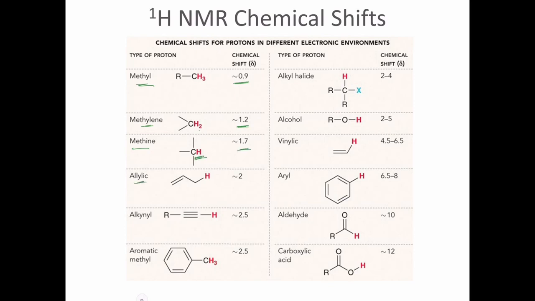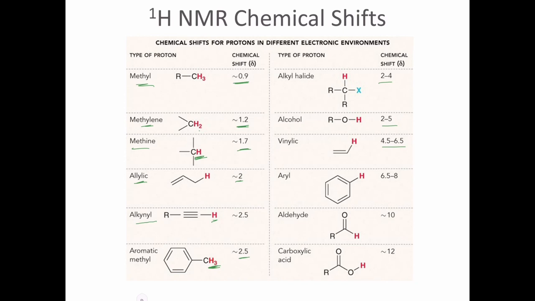If you have an allylic proton, roughly around 2, and for a terminal alkyne, it is going to appear at around 2.5. For an aromatic compound, if we have what we'd call the benzylic position, like in this case where we have a methyl group, the protons here appear at around 2.5. Now for the halogens, around 2 to 4, for alcohols 2 to 5, vinylic between 5 to 6.